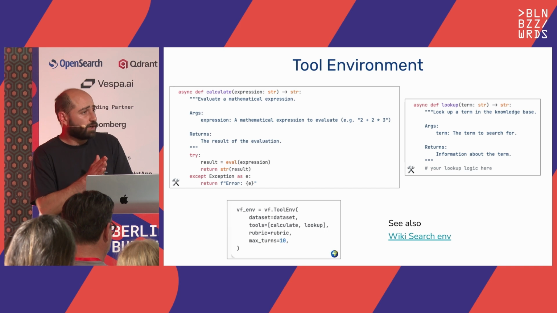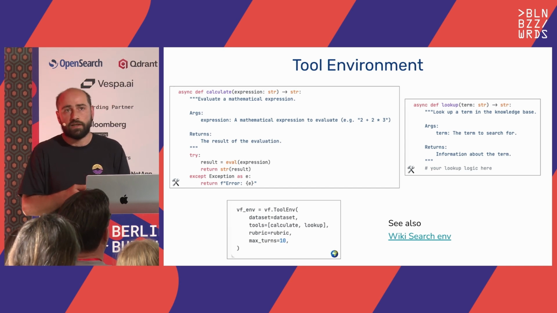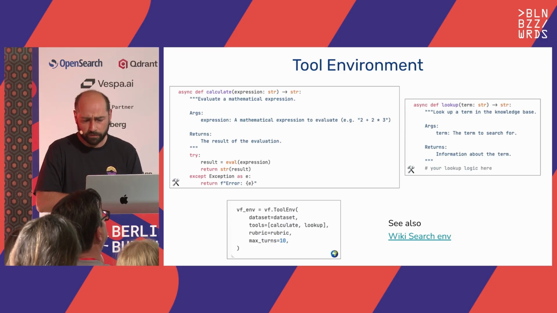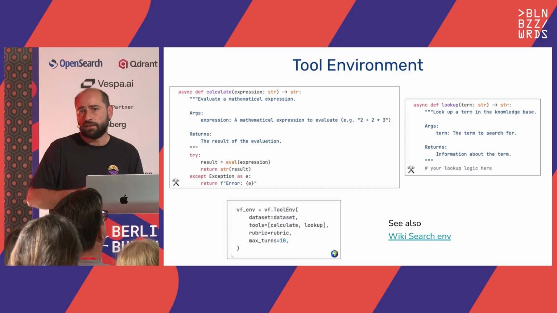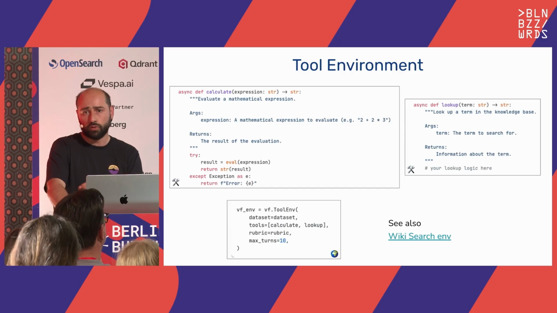Another kind of environment is the tool environment, which is basically a multi-turn environment with tools put into the mix. In these simple examples, tools are just Python functions. And in this case, the model can prepare tool calls, and then the tool calls are executed.